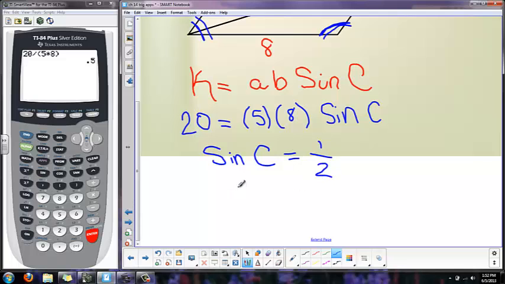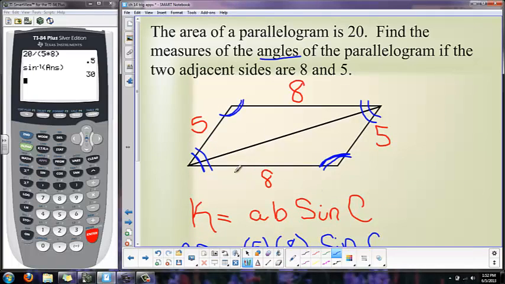I don't care what sine of C is, I want to know what C is. So second sine, second answer, and hit enter. C is 30 degrees.